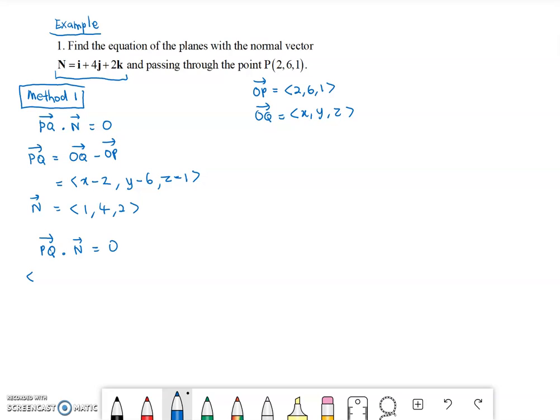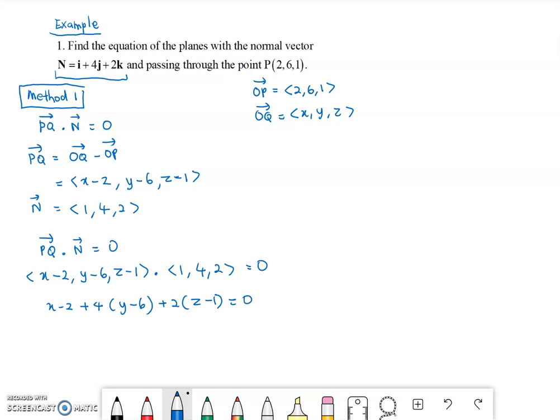So we dot product x minus 2, y minus 6, z minus 1 with 1, 4, and 2, which is equal to 0. Then we get x minus 2 plus 4 times y minus 6 plus 2 times z minus 1.